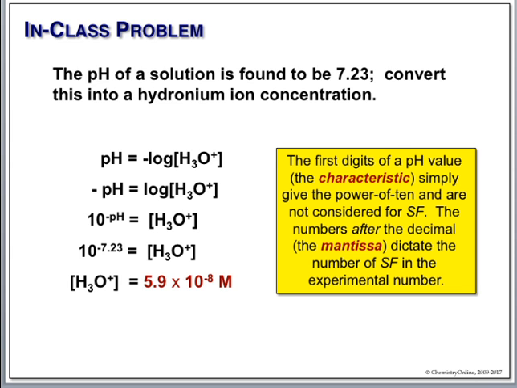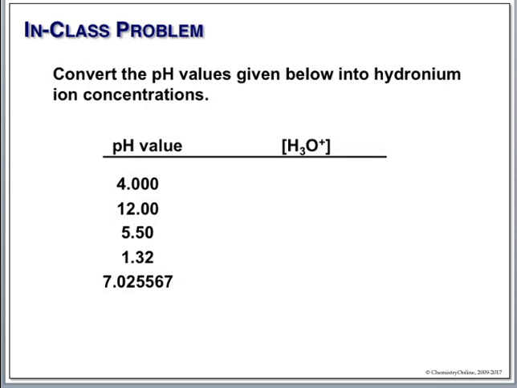Now I hope you guys all have working calculators. Let's go ahead and do a couple. If our pH is 4, what's our hydronium concentration? You can fire up your calculator, right?